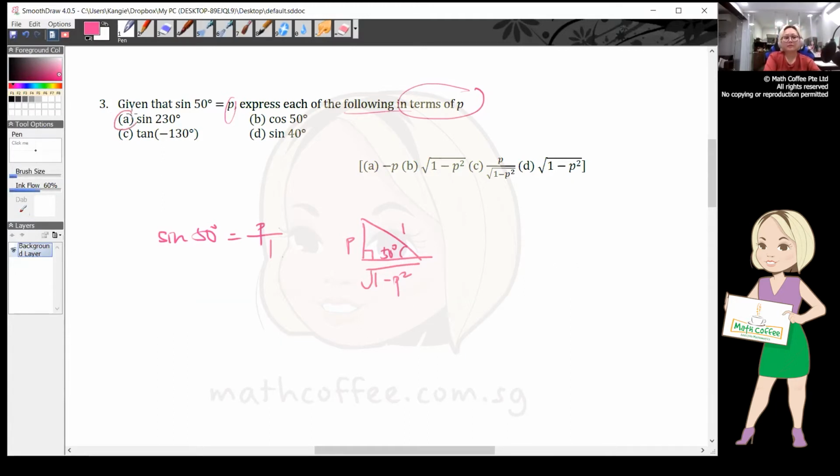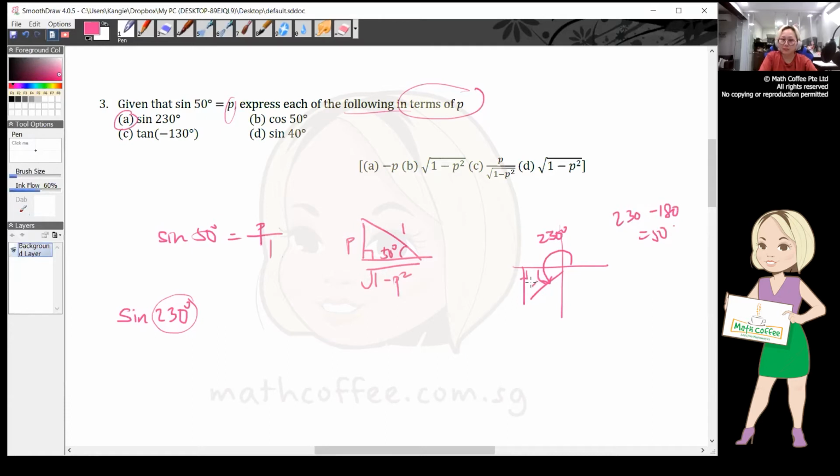Let's see. 3A. They say sine 230 degrees. For 230 degrees, you need to know how to put the trigonometric ratio in terms of the basic angle. First ask yourself, 230 degrees goes to which quadrant? You will go to the third quadrant, forming this triangle over here. Then the question is, what is the basic angle? The basic angle is over here. You take 230 minus 180, you get 50.